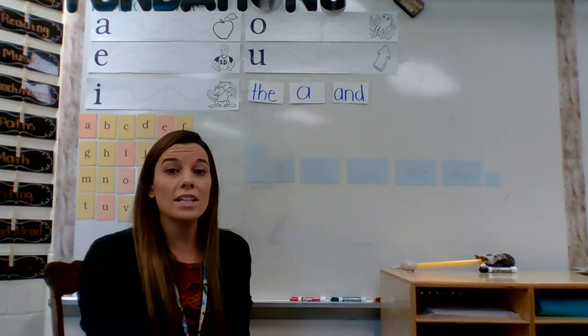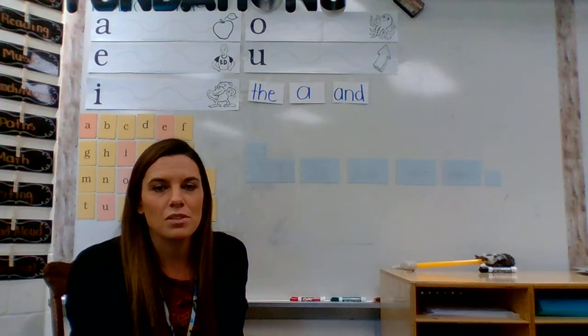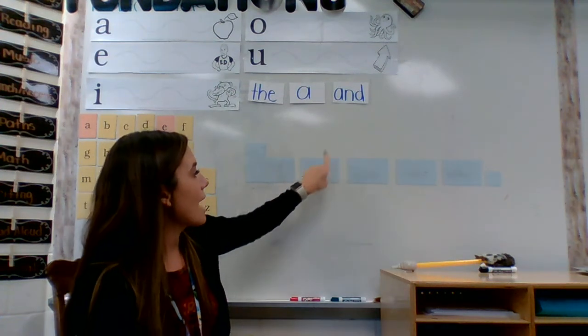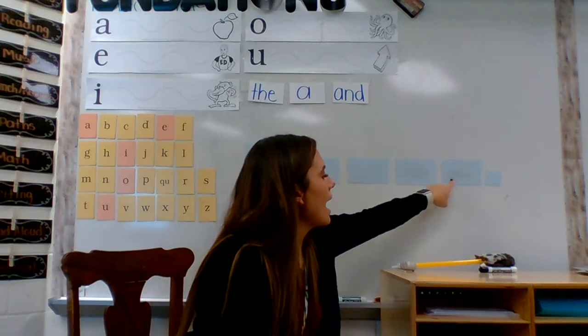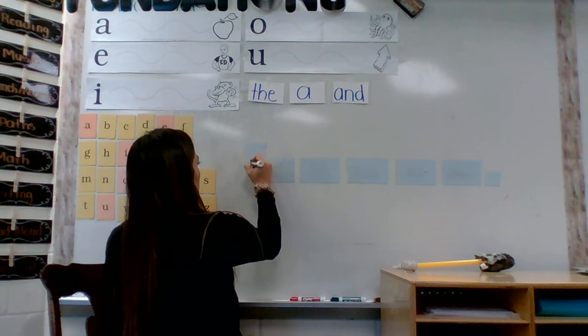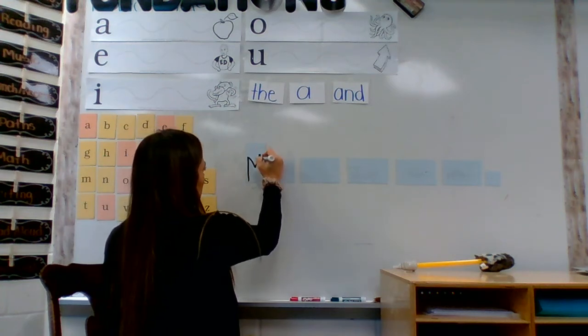Okay, so let's just read our blank sentence frames to remind ourselves of the sentence. Read it with me. Meg had the red hat. Now I'm going to write, okay? So again, uppercase letter.